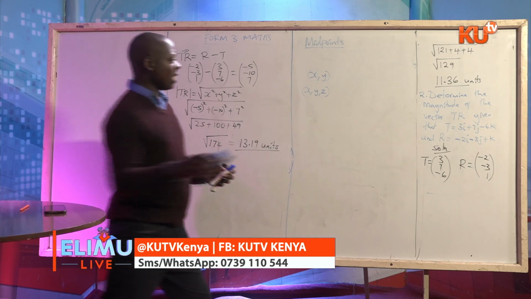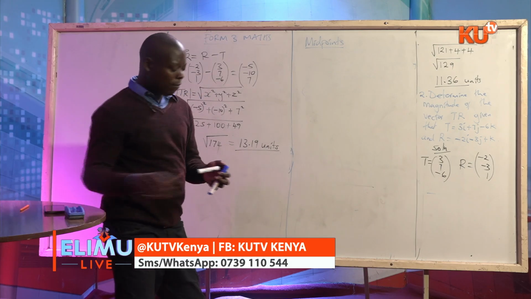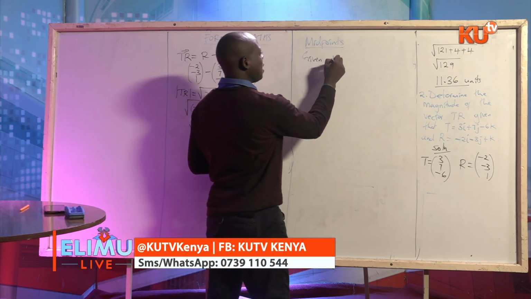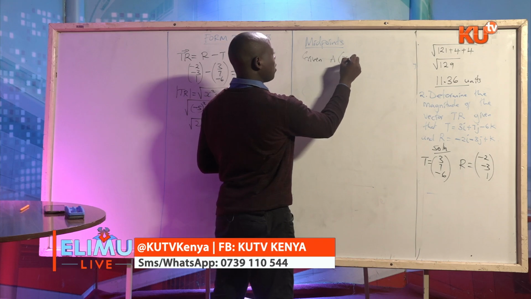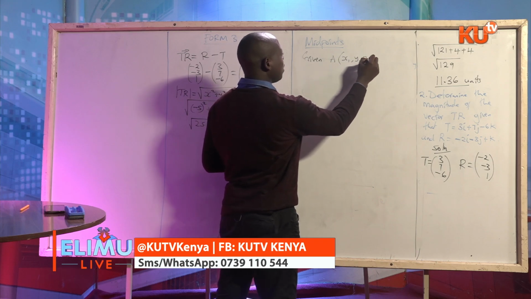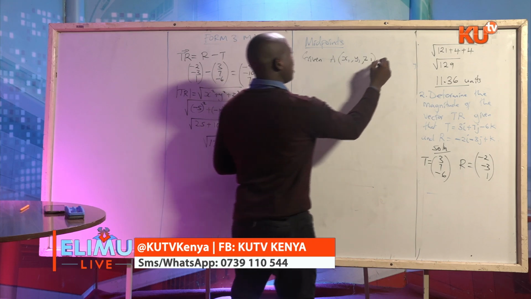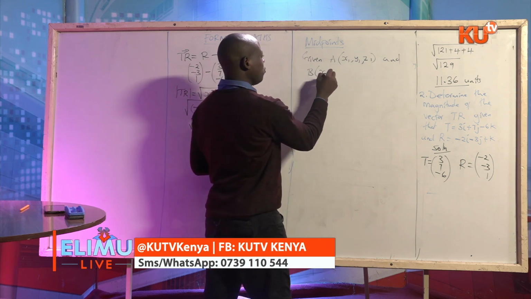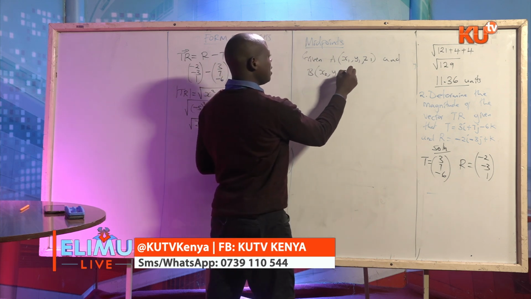Let's look at this case. If we've been given a point A with x1, y1, and z1, and another point B, x2, y2, and z2.